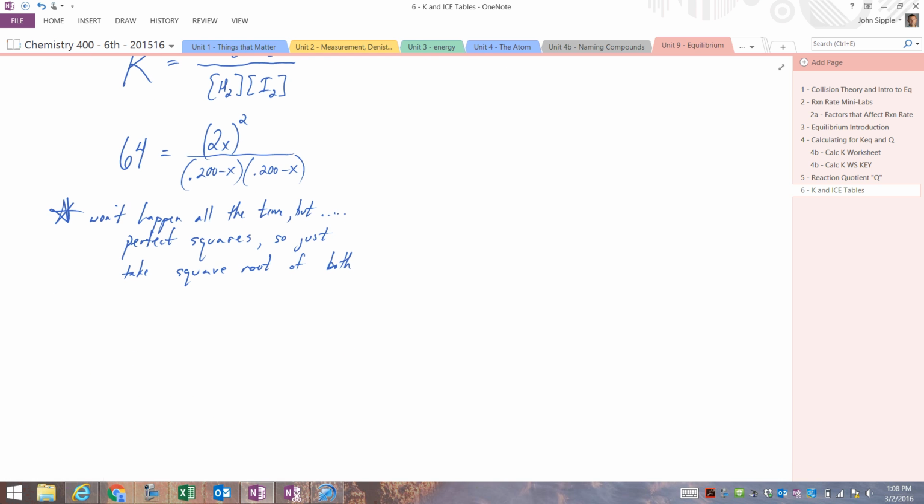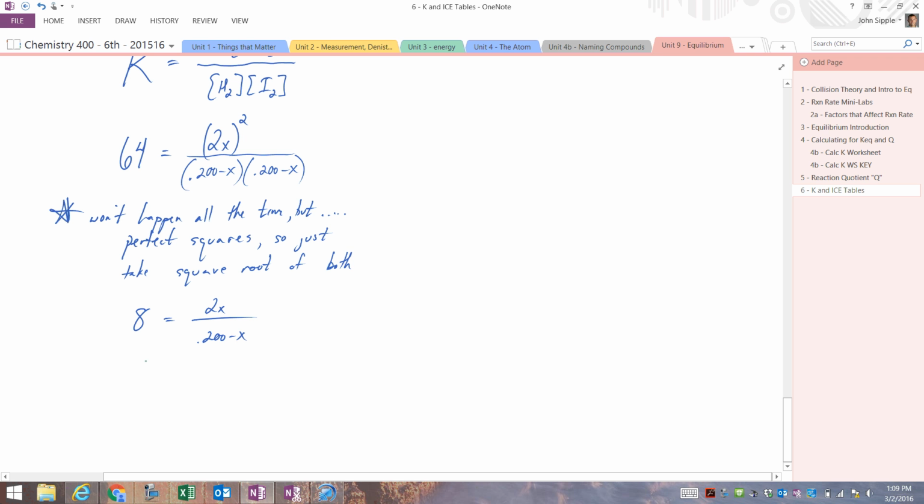If we take the square root of everything here, we get 8 equals 2x over 0.200 minus x. And the math just got a whole lot easier. All we have to do is some algebra.